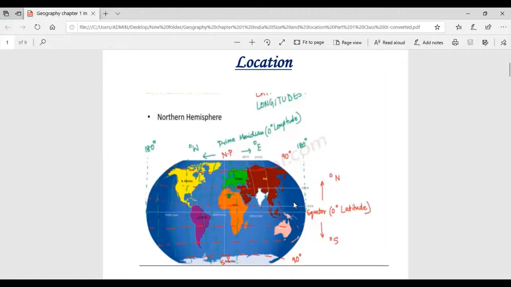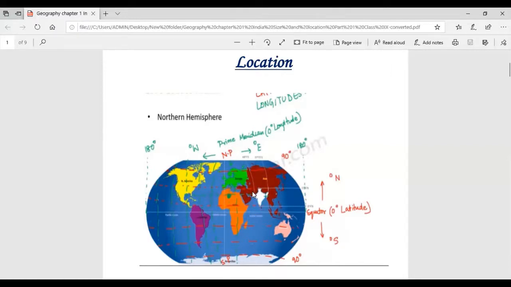We are just looking at one view of the sphere, just to understand the location of the various continents. So from this, we got an idea that India is located in the Asian continent, and India shares its boundary with different countries as well as with the Indian Ocean.